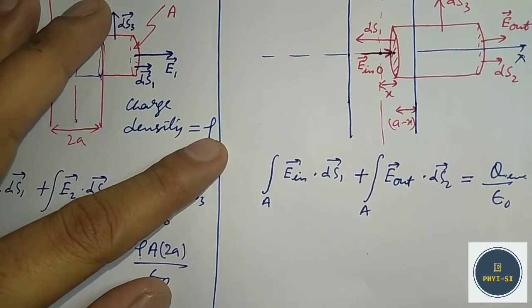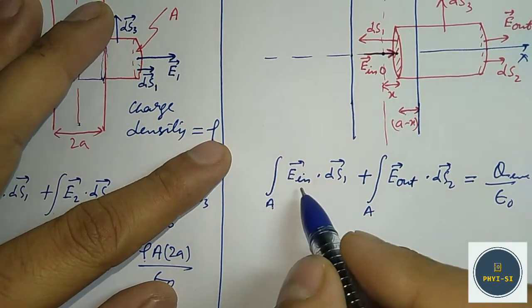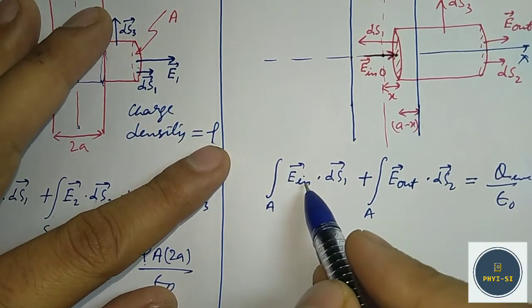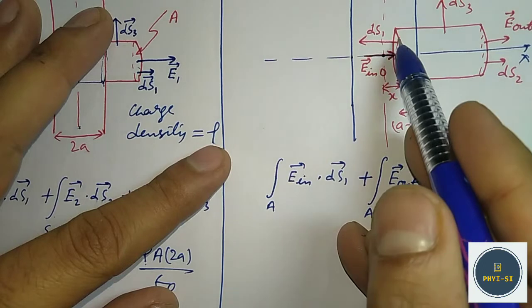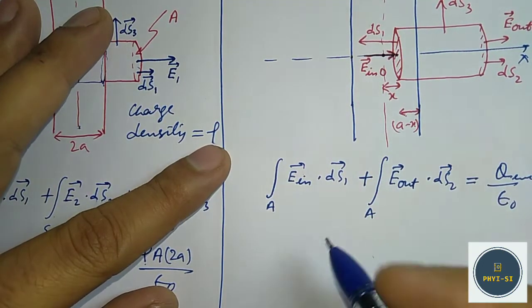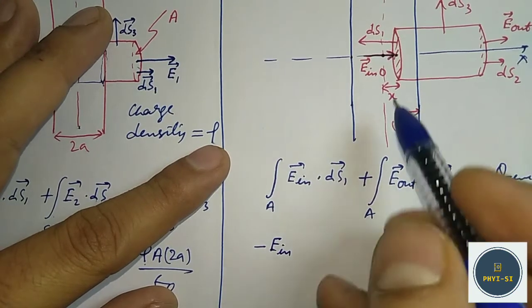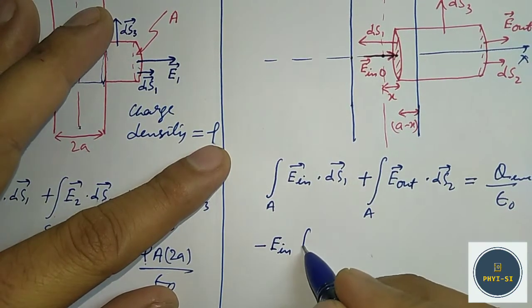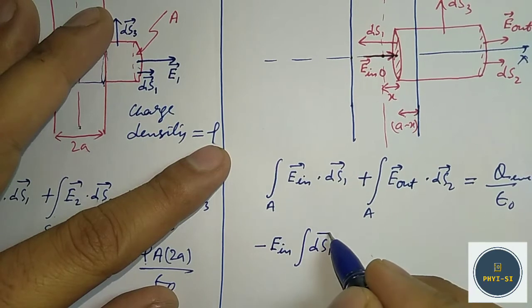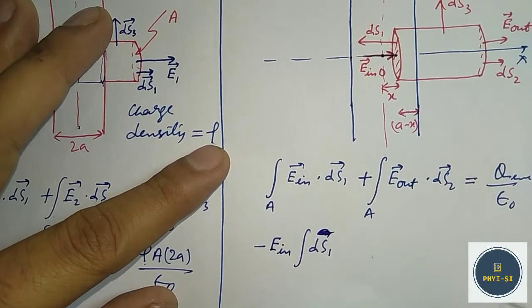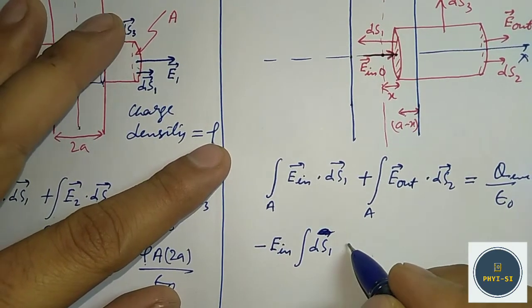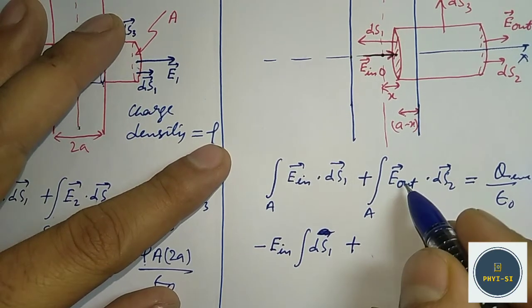Now, since the electric field inside and this area element are opposite to each other, I can put a minus sign, and the electric field is constant over this surface, and then integrate this. Plus E out.